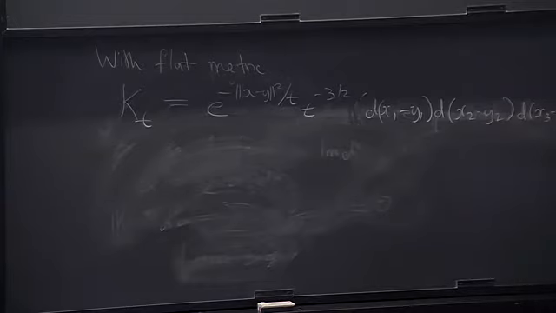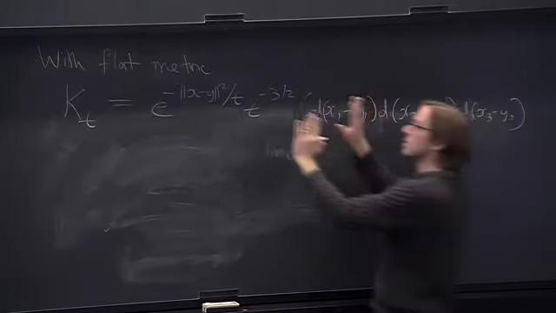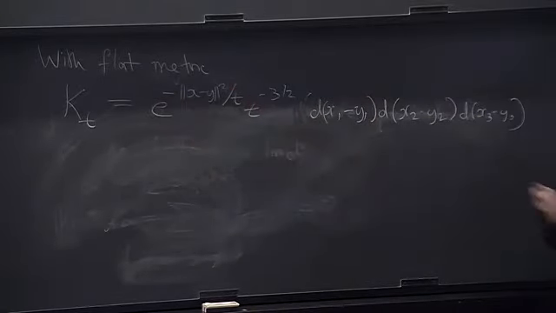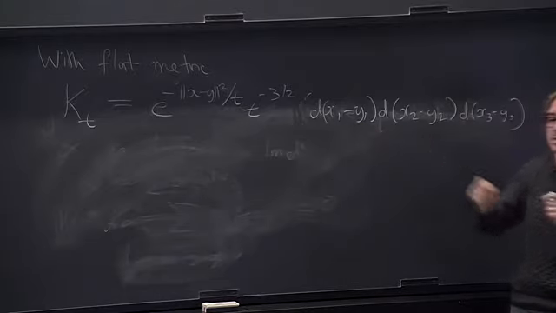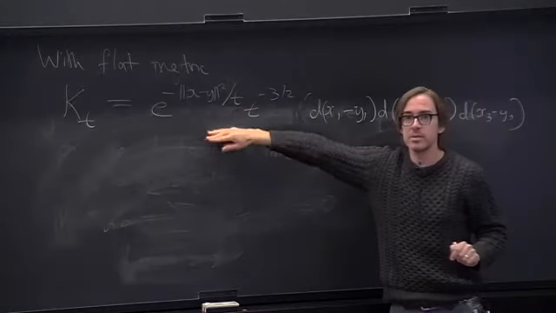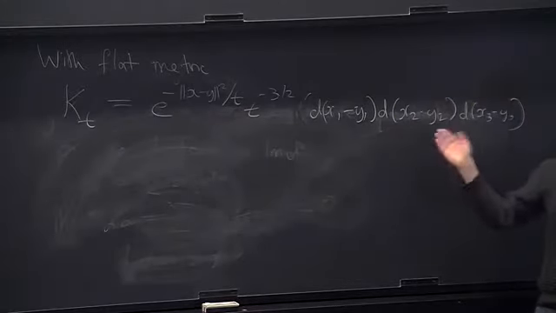This is the expression in flat coordinates, so it's just the scalar heat kernel times something which only depends on the difference between these points. And in particular, you can check that if t goes to 0, this becomes a delta function. This gives you the correct form contribution.